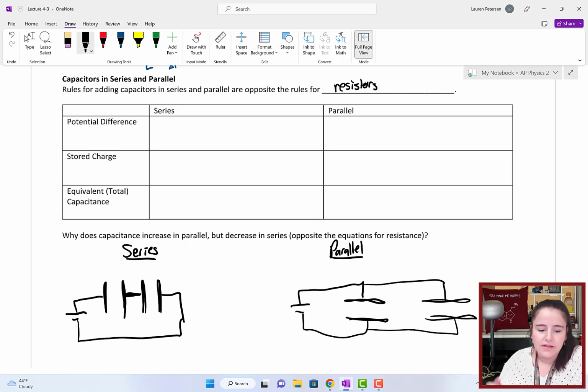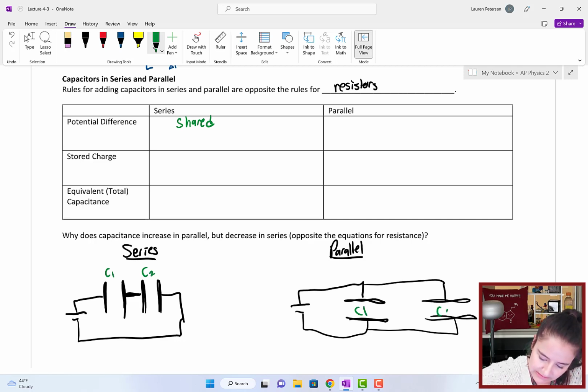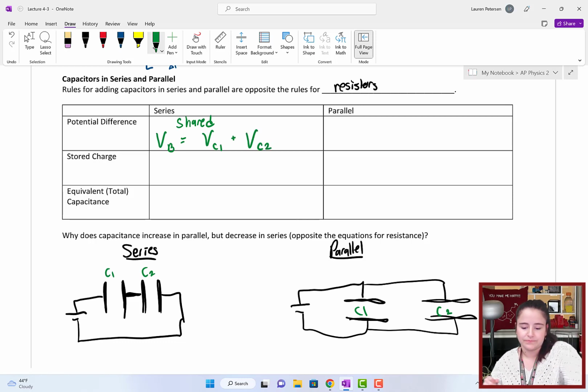So let's think first about the voltage. In a series circuit, the voltage will be shared. If this is C1 and this is C2, it's shared, so the voltage of the battery will equal the voltage of C1 plus the voltage of C2.